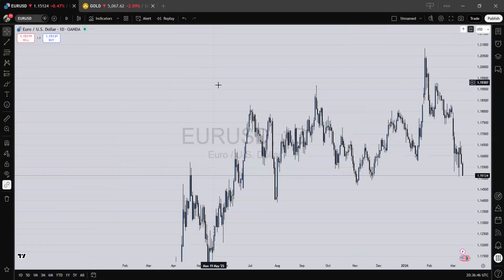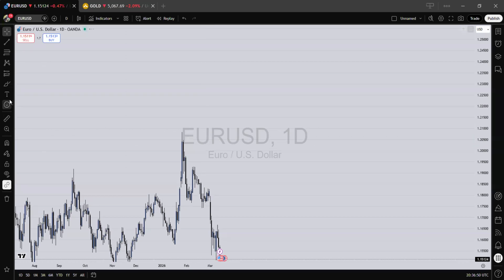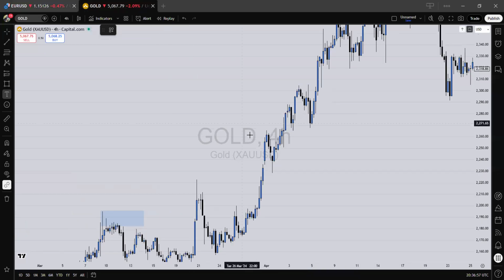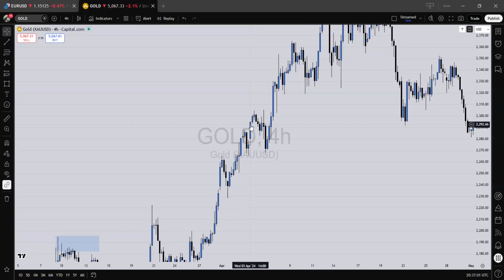So let's use EU to write down the numbers. All right, 2180 zone. Here, 2294. Basically, when price got to 2280, it started consolidating.